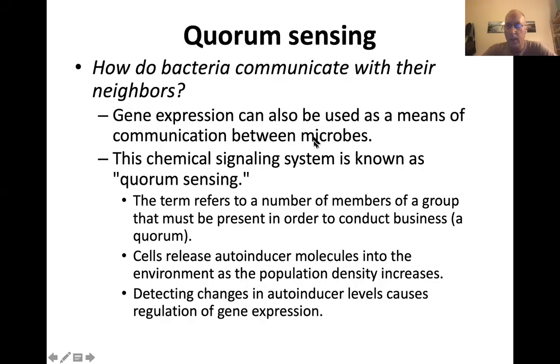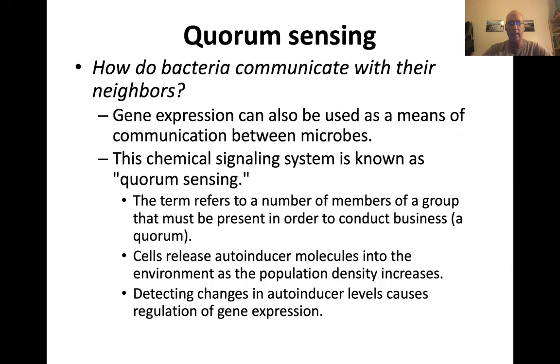Hi, everyone. We're back again, and this section of the lecture is on a different type of regulatory system in bacteria. It uses a fairly standard activator with an effector molecule, but the interesting thing about it is that the effector molecule is actually produced by the bacteria themselves.